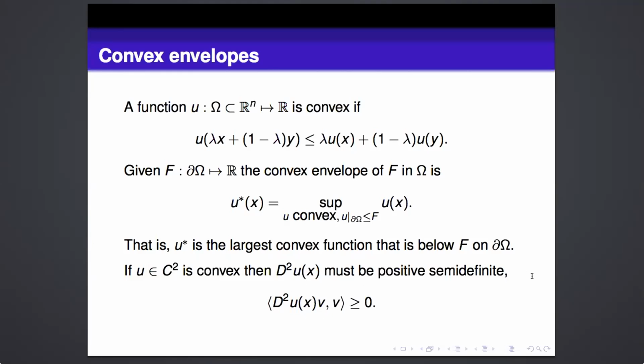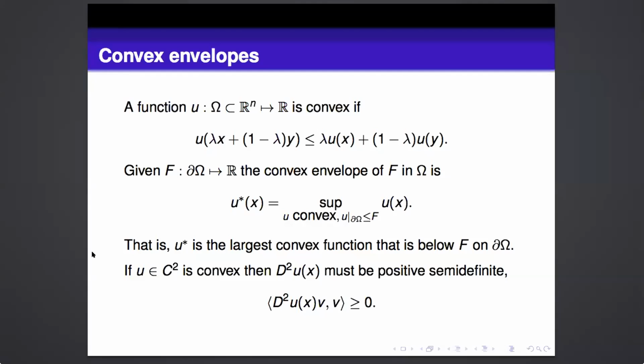And this is because if you have a negative second derivative in one direction, then your function fails to be convex. It is concave in one direction, at least locally near the point there. So this condition that the second derivatives of u times v is nonnegative is equivalent to convexity.